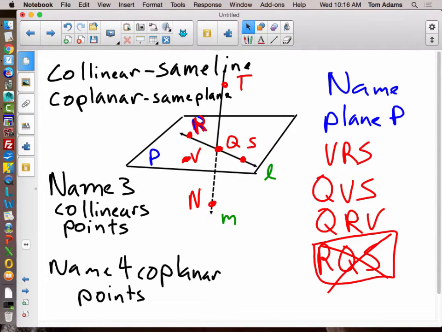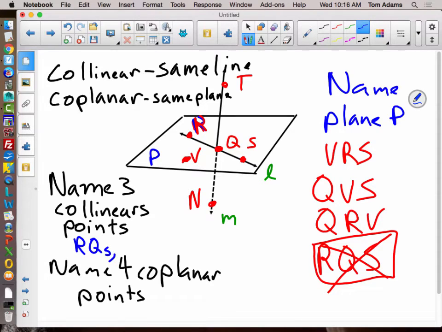All right, let's do the first one. What does collinear mean? Same line. Can you give me 3 points that are on the same line? So we could say R, Q, S. Is there another? SQR is another way to word it, but there's another line there. So yes. TQN. Yeah, TQN.